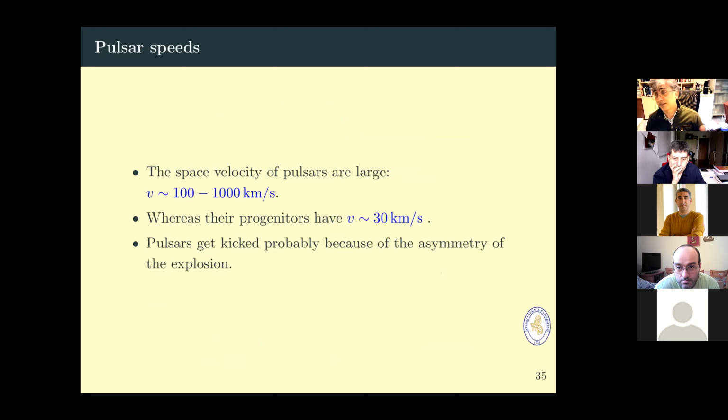So effectively, the dipole component will be growing in time. Now let us see how we can test this model. We know that the pulsars are also born with very large space velocities, right? 100 to 1,000 kilometers per second. Although we know the progenitors of these objects have much smaller velocities. So it means that the pulsars get kicked, and possibly this is because of the asymmetry of the explosion.